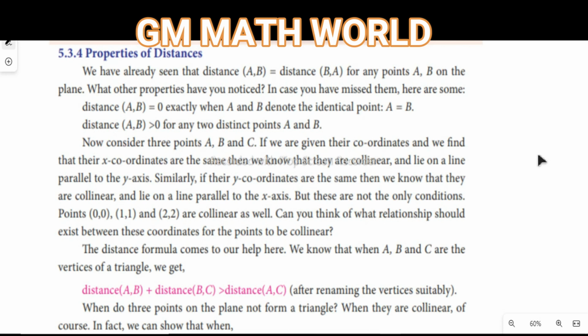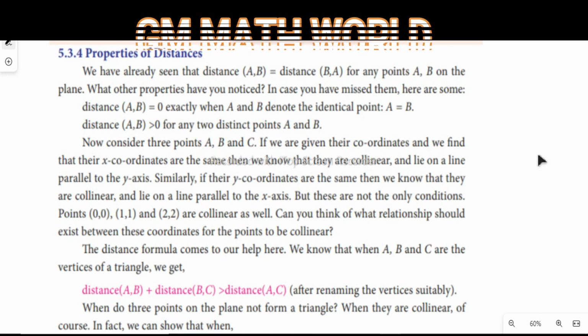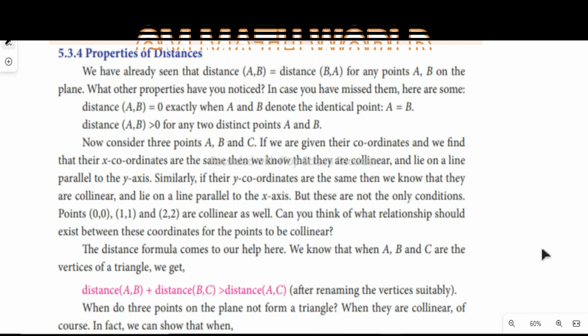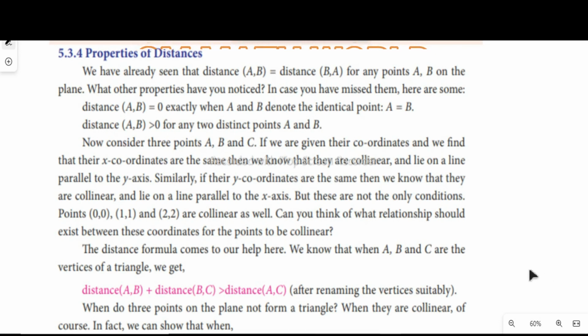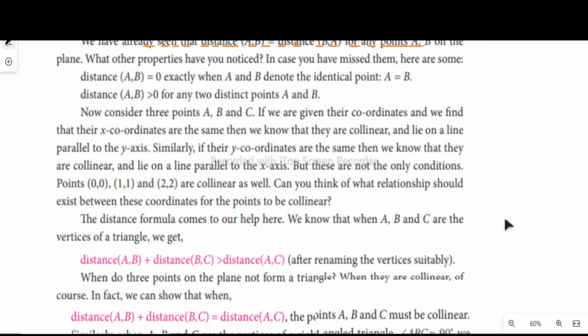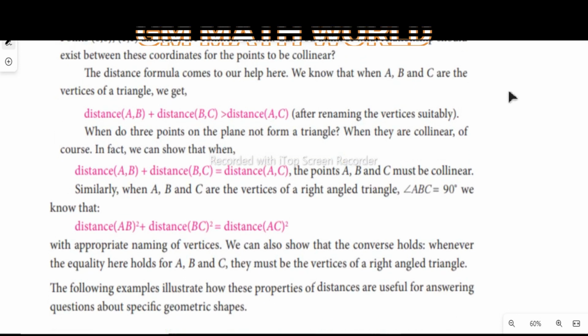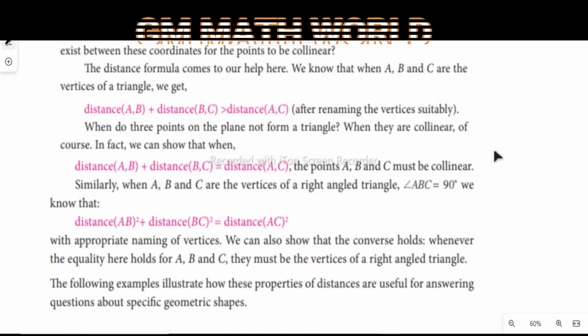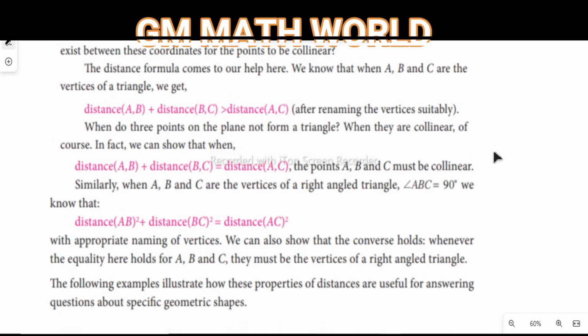But these are not the only conditions. Points 0, 0, 1, 1 and 2, 2 are collinear as well. Can you think of what relationship should exist between these coordinates for the points to be collinear?